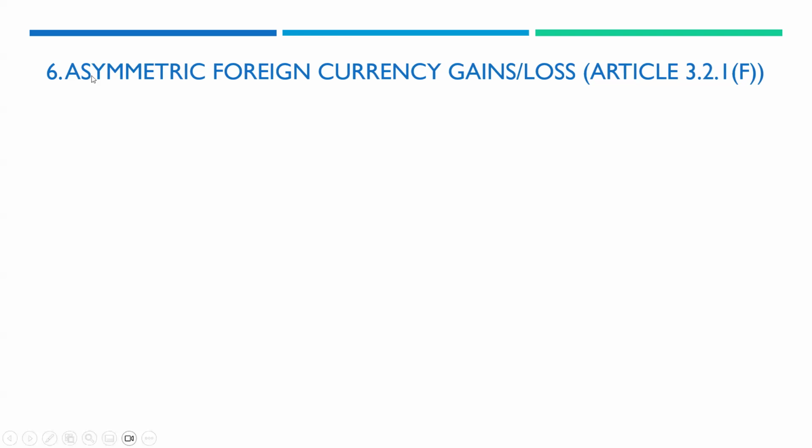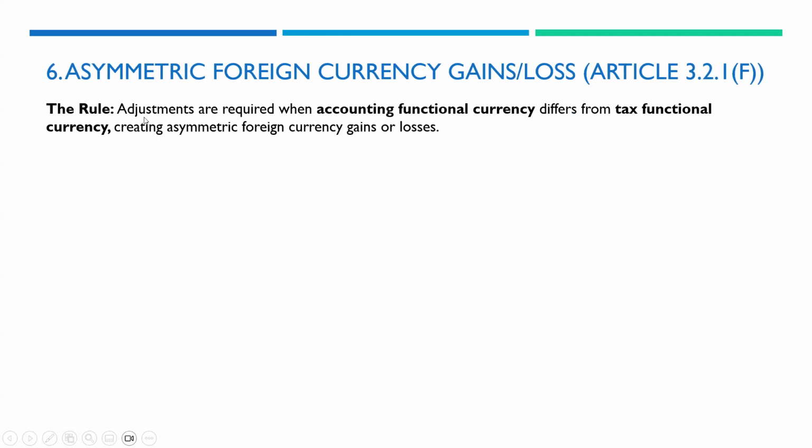So there are something called asymmetric foreign currency gains or losses that you have to include or exclude. Include if it is a loss, exclude if it is a gain. Now, what is this asymmetric foreign currency loss? Adjustments are required when accounting functional currency differs from tax functional currency, creating an asymmetric foreign currency gain or losses.